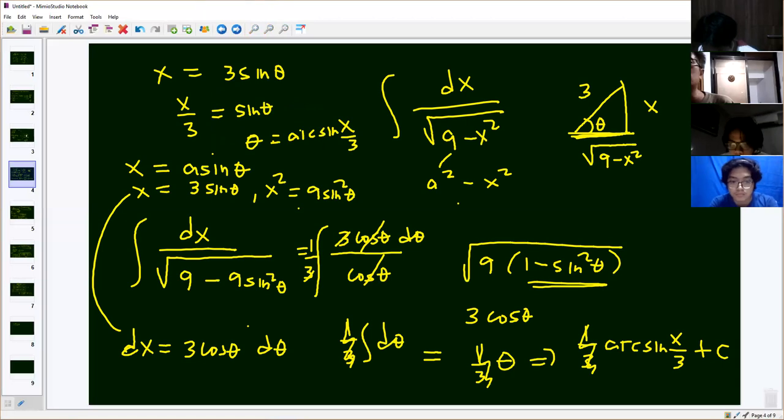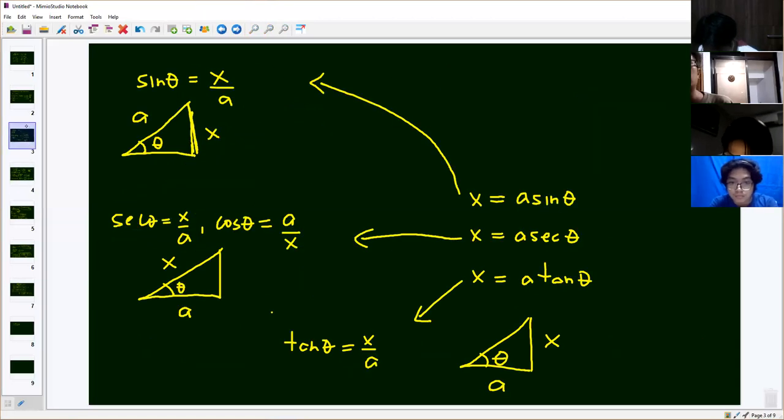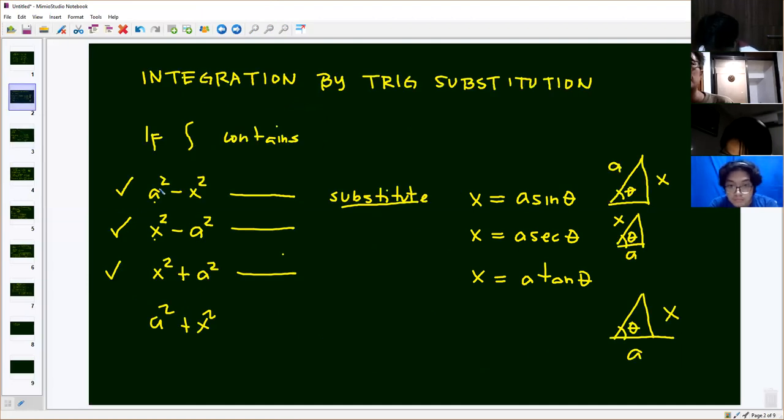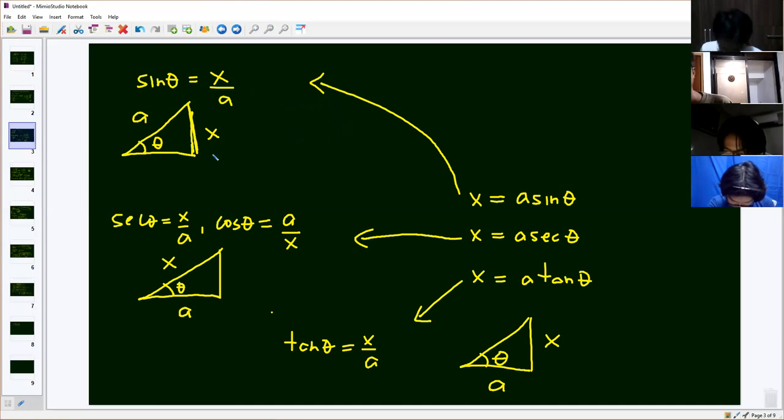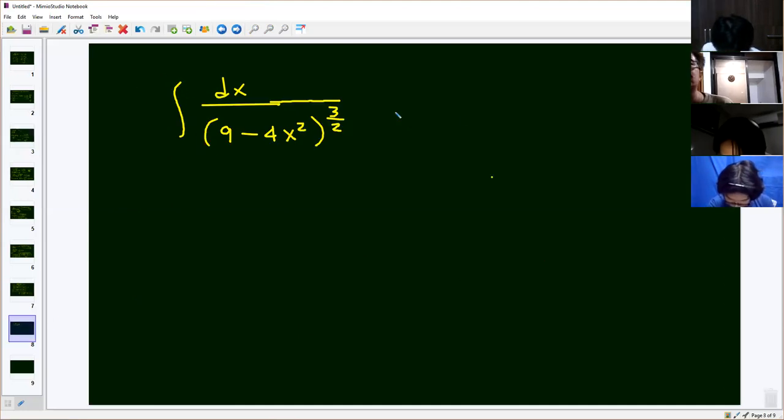So guide ko lang yung iba, no? Una muna, ang triangle natin dito must be, ano siya, na a squared minus x squared. Yeah? So a squared minus x squared. Ito. So, ganito yung triangle natin.